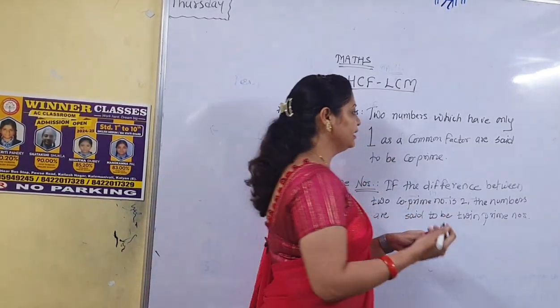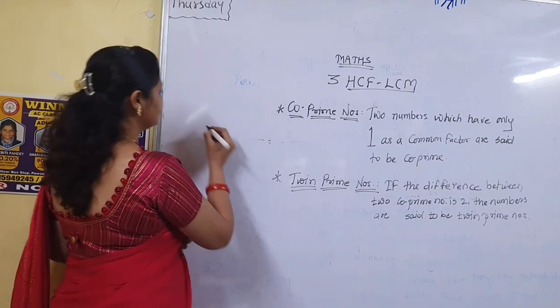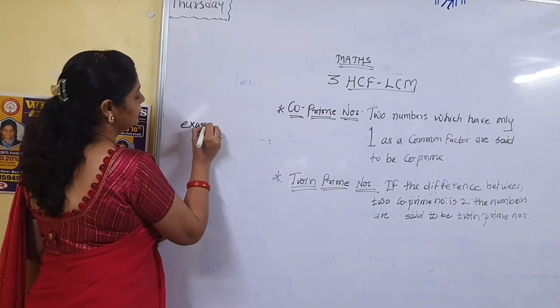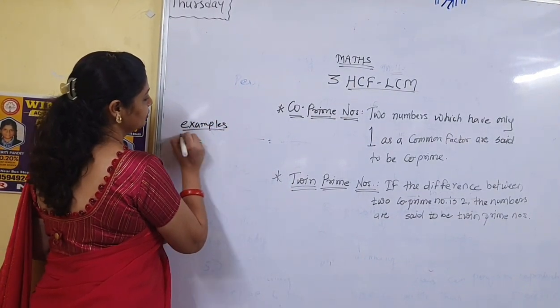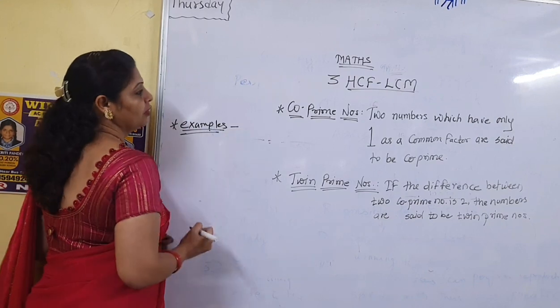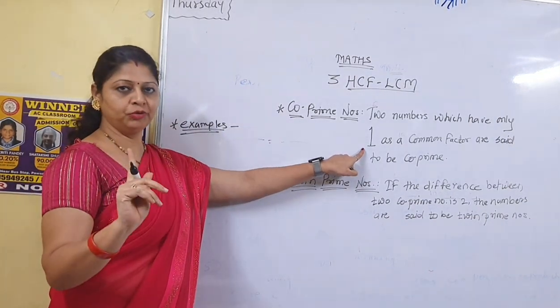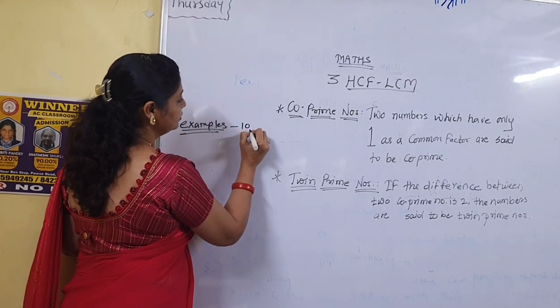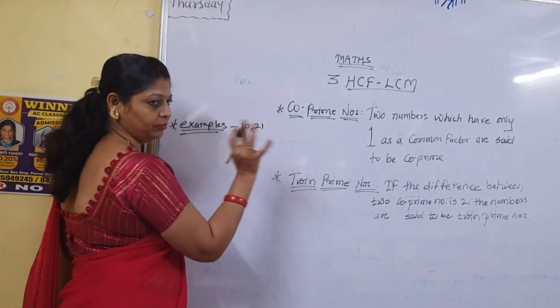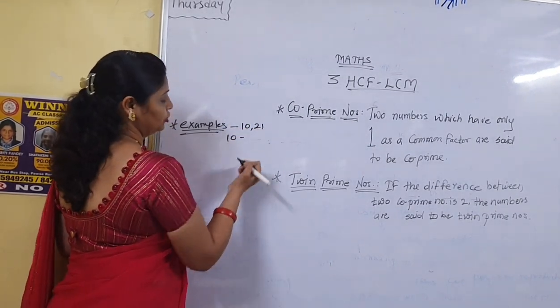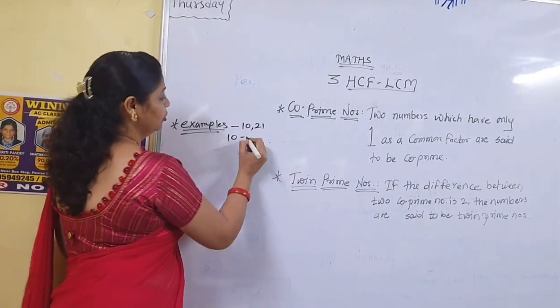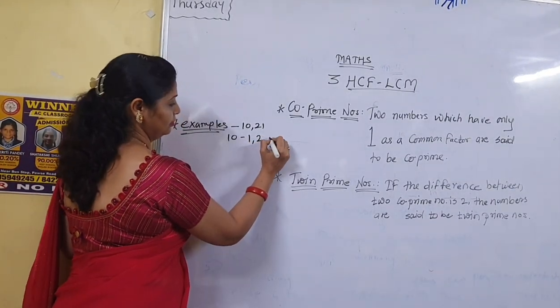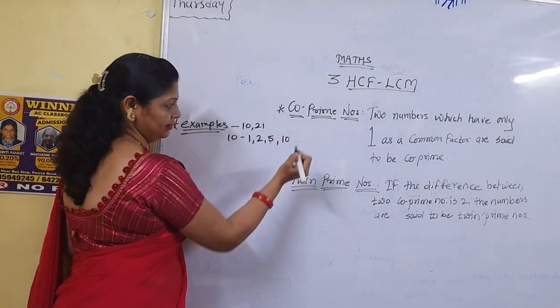I am writing here examples related to the co-prime number. Only 1 as a common factor we want, okay, only 1. So for example, I am taking 10 and 21. What are the factors of 10? 1, 2, 5 and 10, correct?